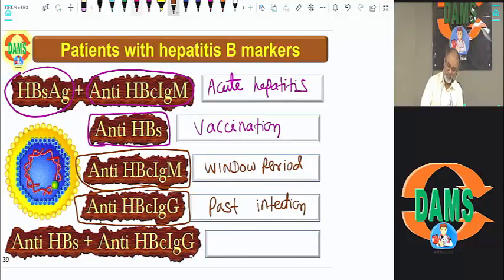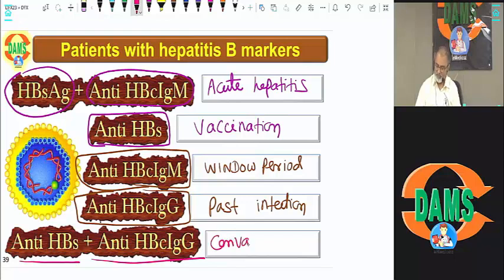Listen to me carefully. Surface antibody present, core antibody present, only antibodies present. That means recently the person recovered from the infection. Recent recovery, or convalescent phase.